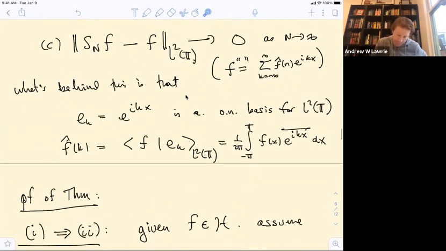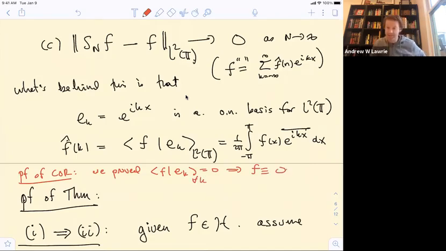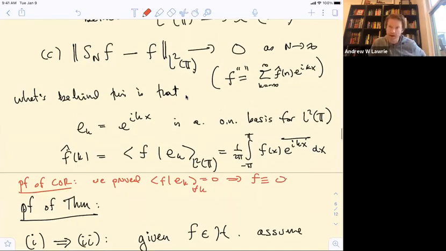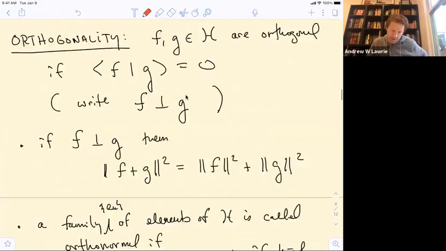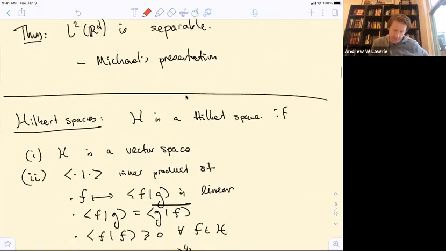So maybe let me just write the proof of the corollary. We proved that f is equal to 0 for every k, last time. We proved that by showing that the Abel series converges. I think this is in the previous set of notes.